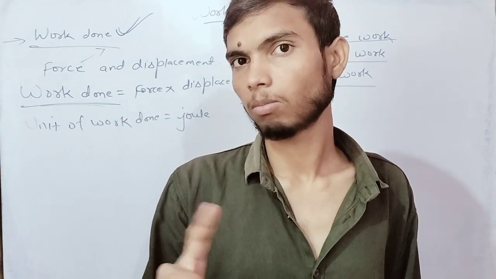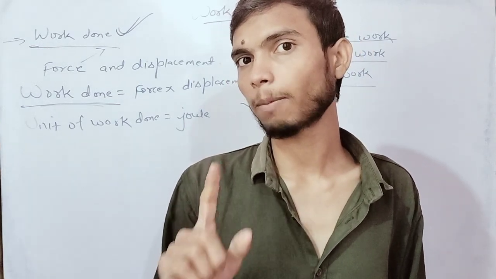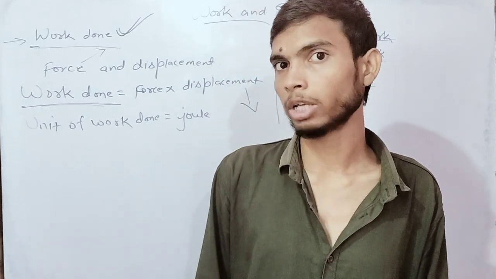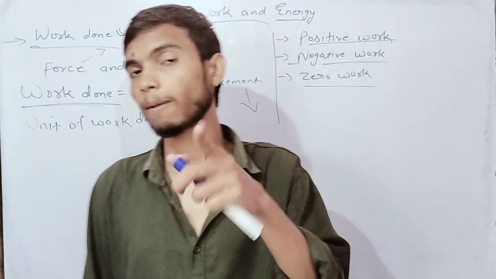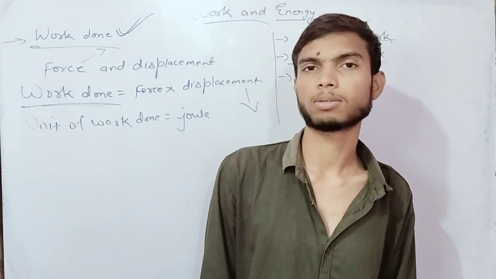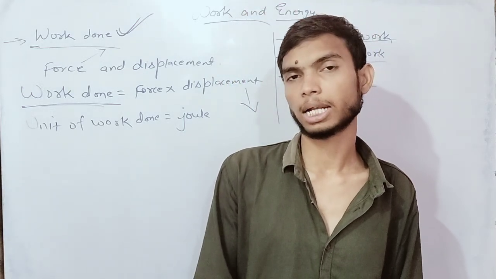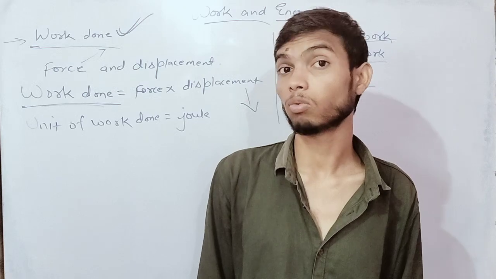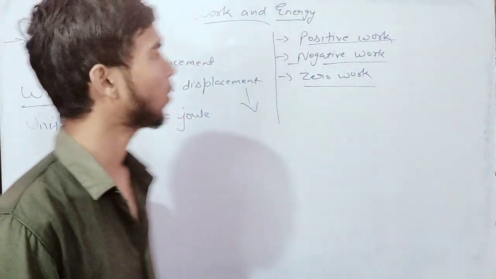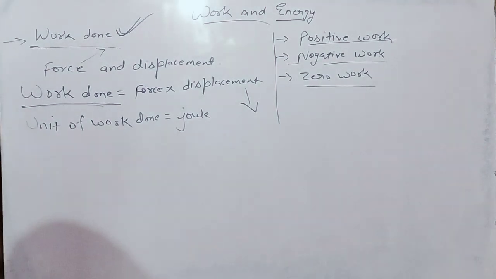If the object is not moving at all, then the displacement is zero. Then we would say work done is zero. That is how we find work is equal to zero.